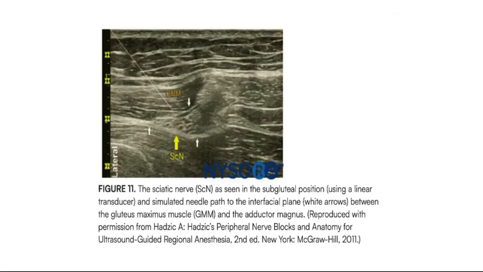Another thing that I need to highlight is that if you are doing a popliteal nerve block, it is a misnomer to say that it is a popliteal nerve block because it's quite proximal to the popliteal crease. When you put the probe at the popliteal crease, the sciatic nerve should have divided into the two component nerves.